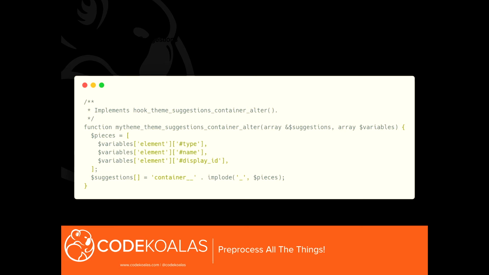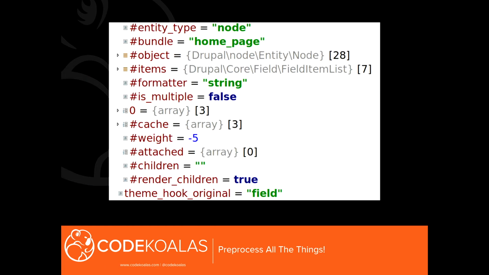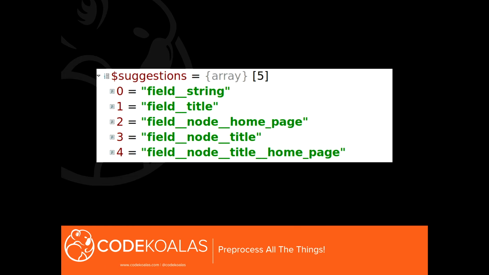So this is what the information looks like after you print this out in xdebug. These are the suggestions. This is what actually gets thrown into the HTML. These are your suggestions you can use for your templates. You have field string, field title, field node homepage, field node title homepage. So all of these you could throw on a .html.twig and use it as a template for that very specific thing.